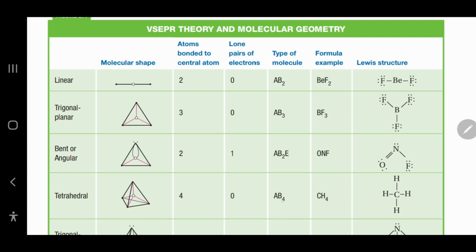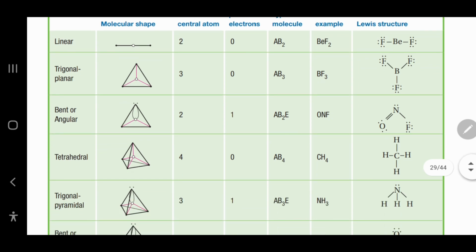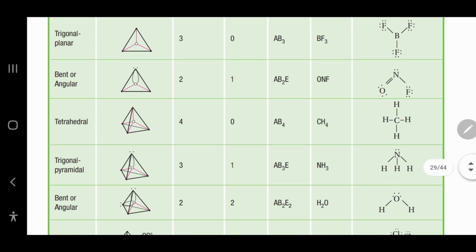If we have AB4 like CH4 here, we will have tetrahedral shape. And if we have AB3E like NH3, then we will have trigonal pyramidal, as we explained in NH3. And if we have AB2E2 like H2O, we have two pairs of non-shared electrons.